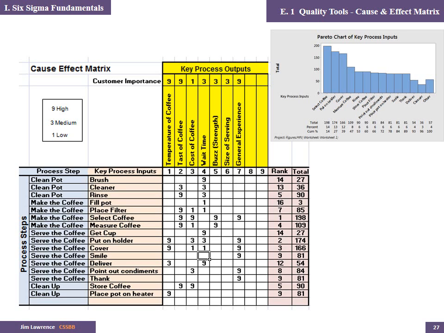After you get to about rinse there, it starts to flatten out. So measure coffee, cover, put on the holder, and select the coffee are determined to be some of the vital factors in customer satisfaction with the cup of coffee.